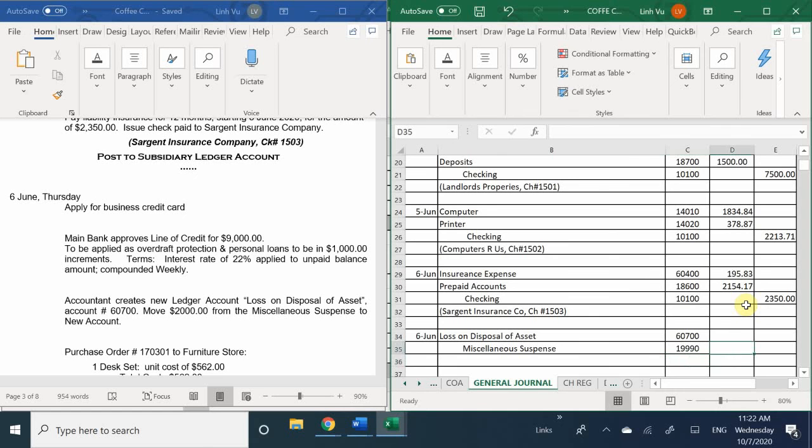Okay? And it's already in the description to fully take out the $2,000 and move them into the account. All right? And I'm also going to indicate here that we are moving to a new account.